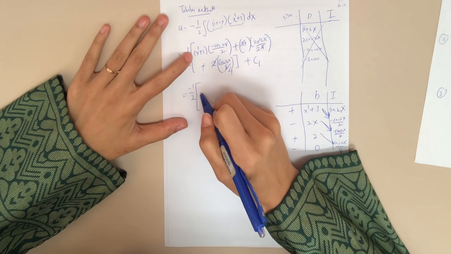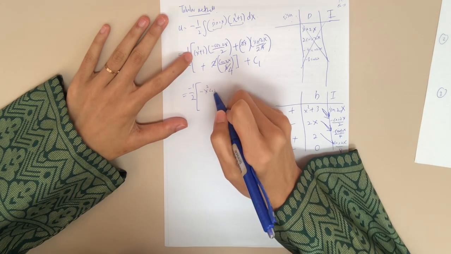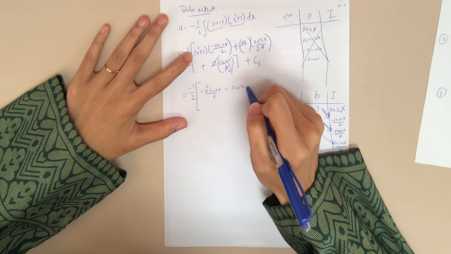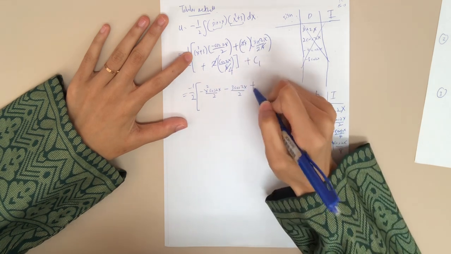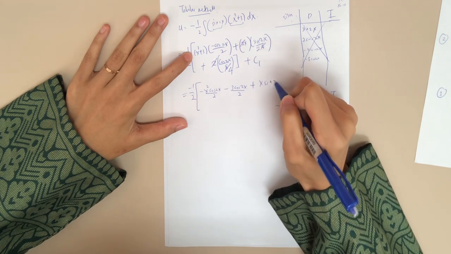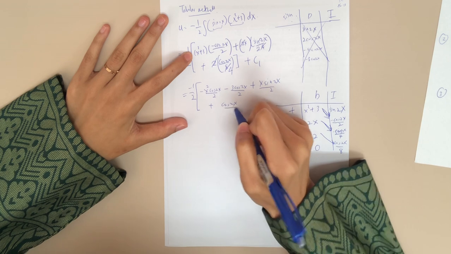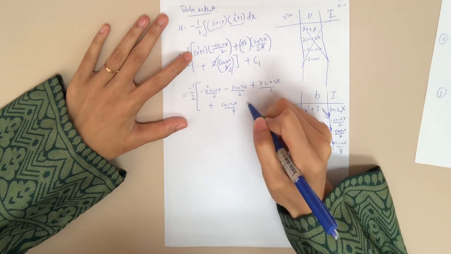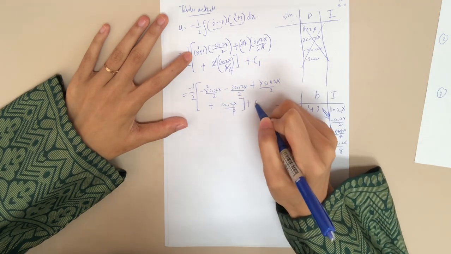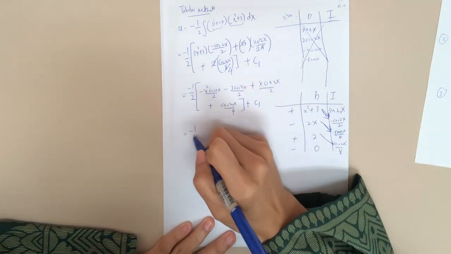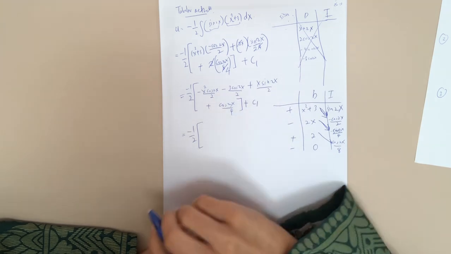So we open the bracket and it becomes negative x square cos 2x over 2 minus 3 cos 2x over 2, plus x sin 2x over 2 plus cos 2x over 4, close the bracket, and then plus C1. Then I will rearrange again.